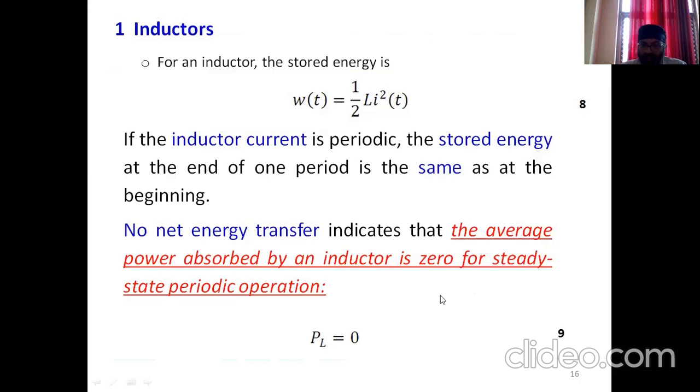So what we can now say is that no net energy transfer indicates that the average power absorbed by an inductor is zero. In one half cycle it stores, and in the negative half cycle it gives up the energy. So on average it is zero. Whatever is stored is thrown out in the next half cycle, and in the complete cycle the net is zero.